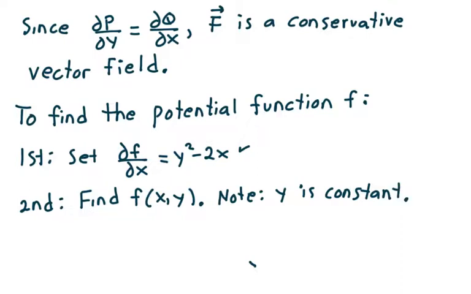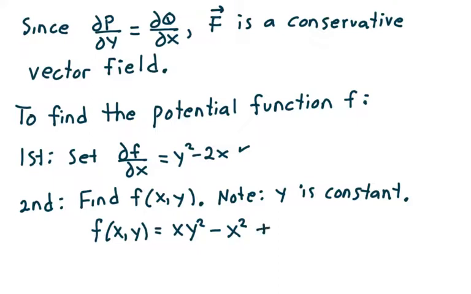Okay? So when I want f of x, y, I'm going to get xy squared. And how am I doing that? I'm integrating with respect to x, okay? I'm going to subtract x squared.